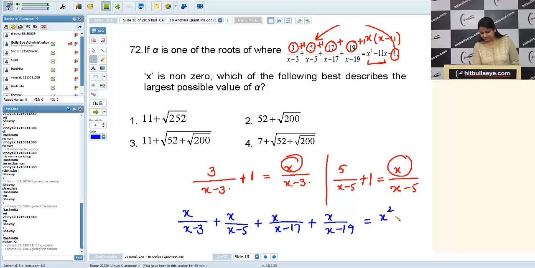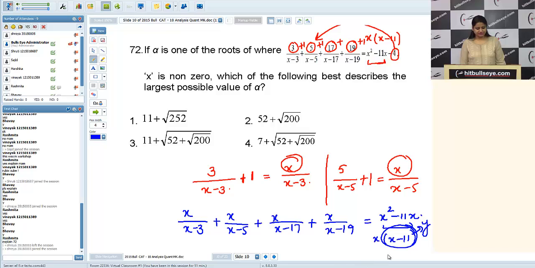This is equal to x square minus 11x. Now we'll try to relate every term with this thing only. So if we put this as x into x minus 11, then you take it as y, and you can convert the whole thing in y, then you will get a cubic equation in this. Is it okay, Rashmita? That was avoidable.